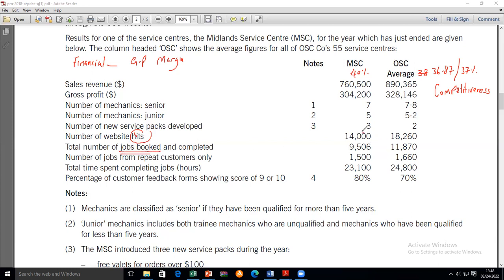You had 14,000 hits. How many do you convert into jobs? 9,500. Here, you had this number of people that visited the website. That was converted. So the conversion rate shows how competitive you are.